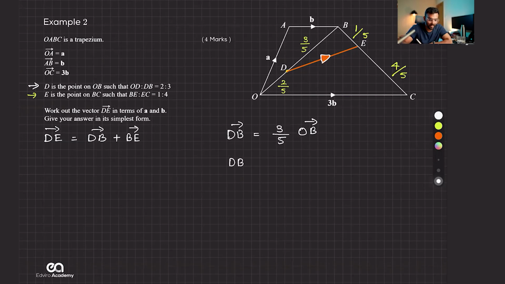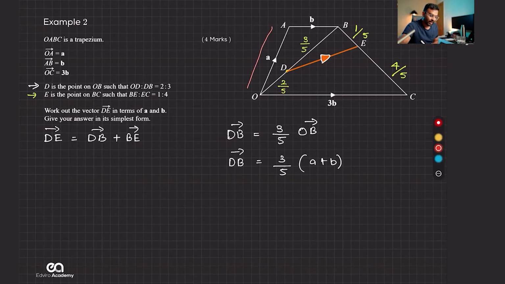So DB is 3 by 5th of OB, which is A plus B. Is that okay? Anyone struggling there? O to B is O to A and A to B, but that's A plus B. Not 2 by 5, Aaron. The other way around, 3 by 5. Is everyone okay with this? Just say yes if you are okay with how I got this.